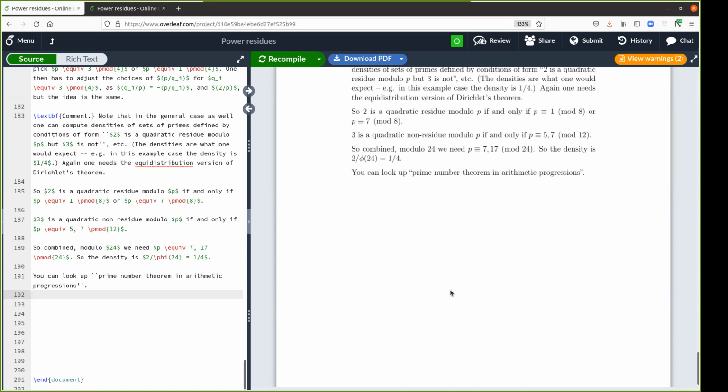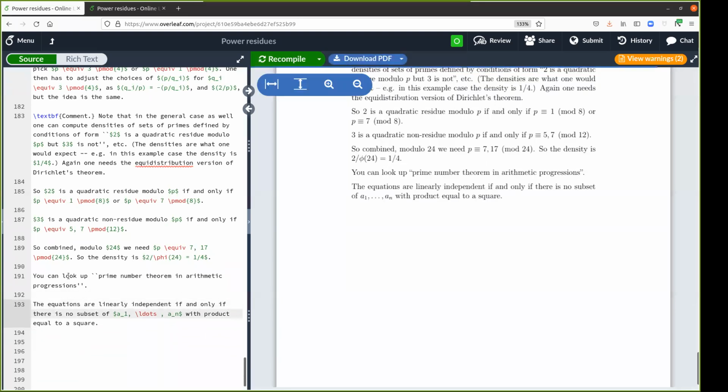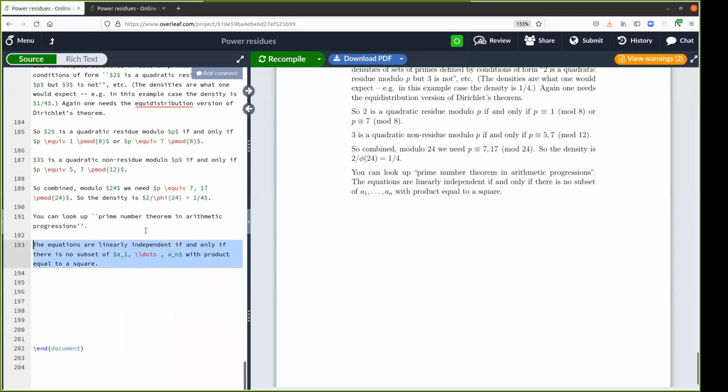I didn't get the last part you said about the equations. How are you relating all this with those equations? So this is what I mean by independence.